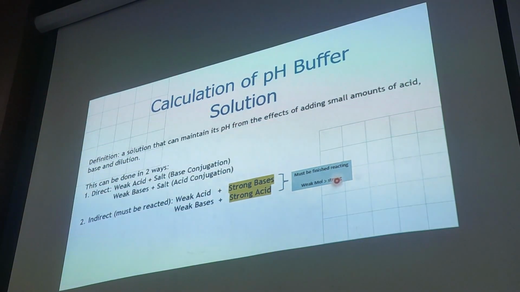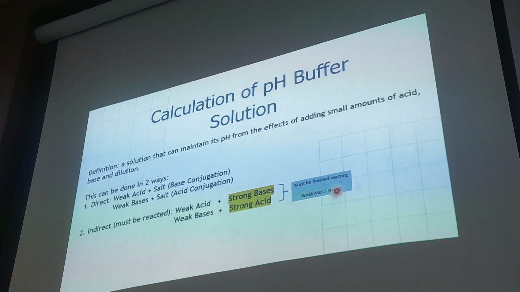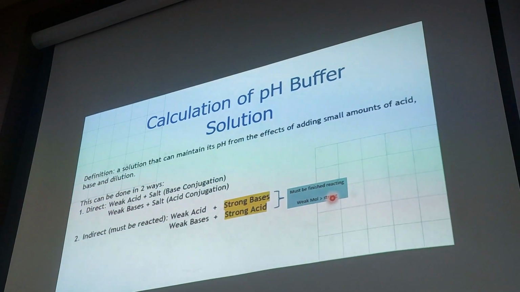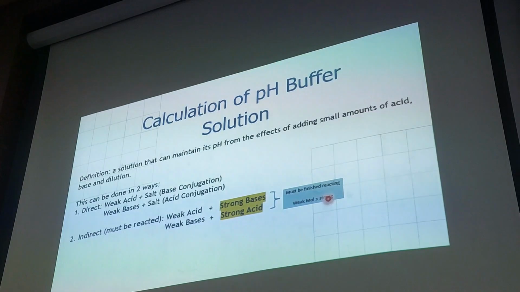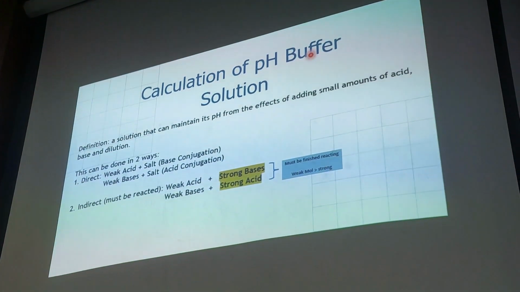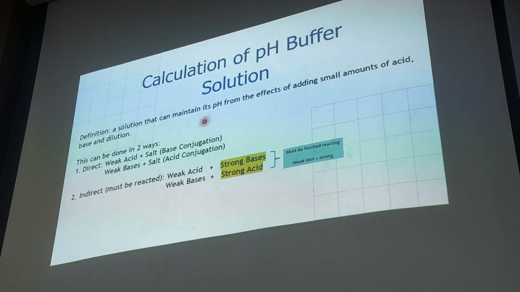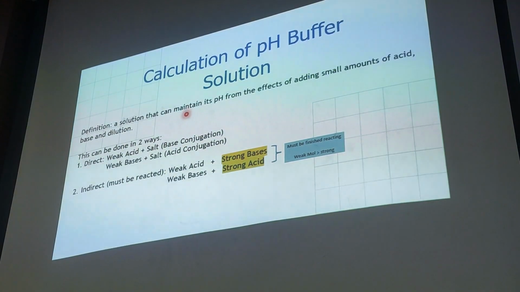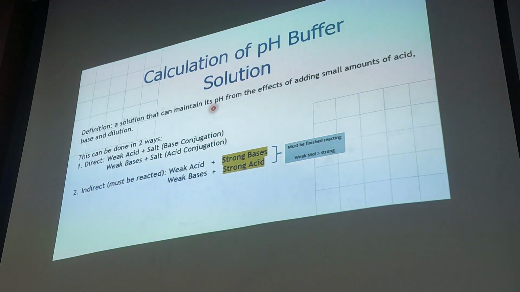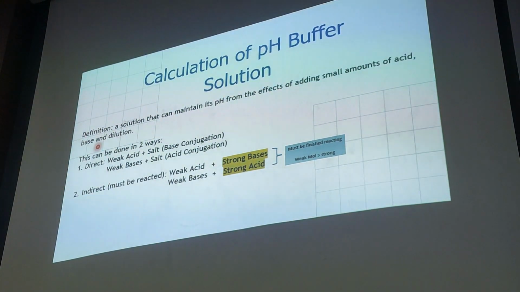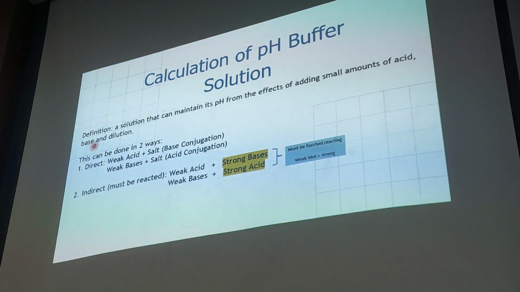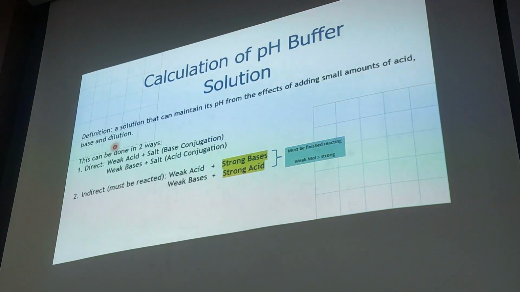Yeah, the buffer solution. Definition: a solution that can maintain its pH from the effect of adding a small amount of acids. Just remember, a buffer solution is a solution that can maintain its pH from the effects of adding a small amount of acid, a small amount of bases, and dilution.